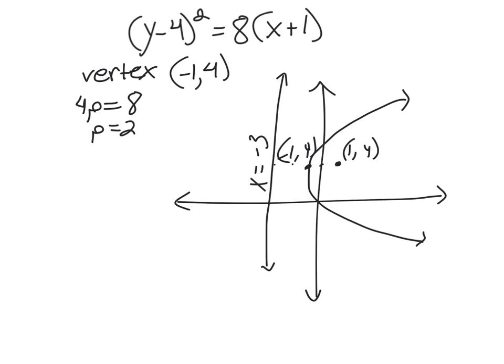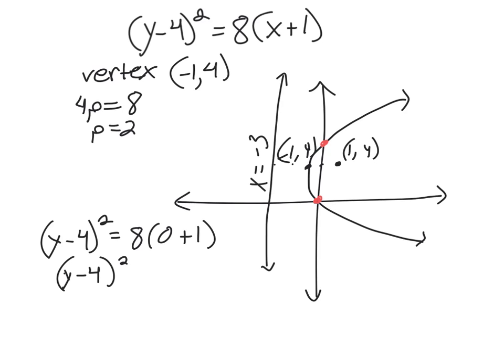You may be wondering what these two points are. These are my y-intercepts, and if I want to find them, I can just set x equal to 0. So that would give me (y - 4)^2 = 8. Let's take the square root of both sides.